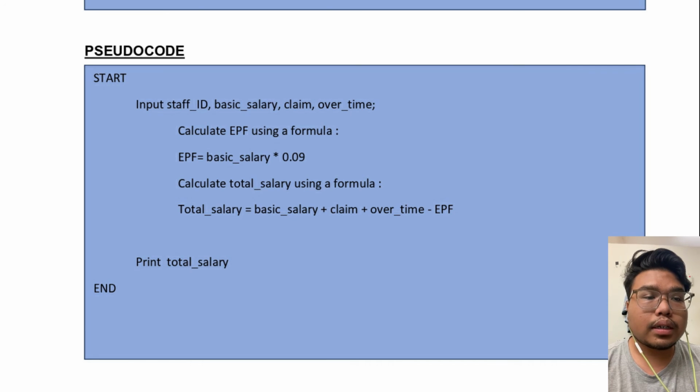So we have to calculate EPF using the formula like the algorithm: EPF is basic salary times 0.09. And then calculate total salary using a formula: total salary is basic salary plus claim plus overtime minus EPF. And then print the total salary, and the last step is end.